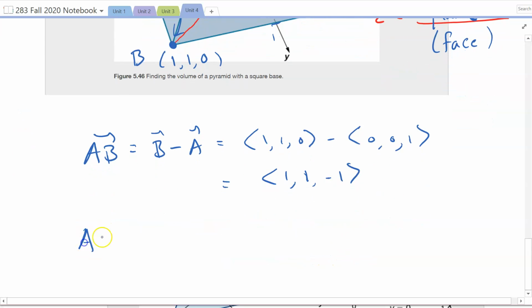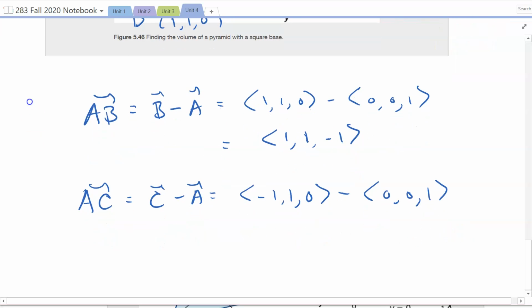And likewise, to connect A and C, we're going to do the vector subtraction with C minus A. In that case, that's negative 1, 1, 0 minus 0, 0, 1, and that component-wise subtraction is going to give us negative 1, 1, negative 1.